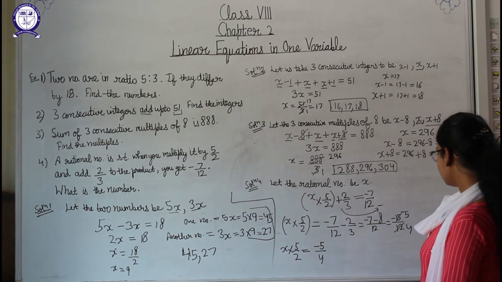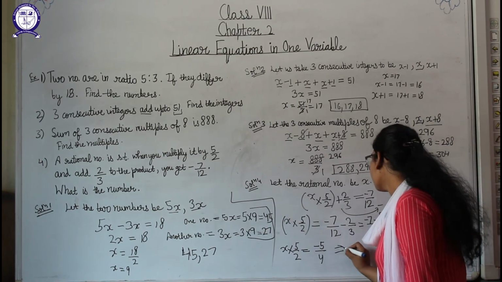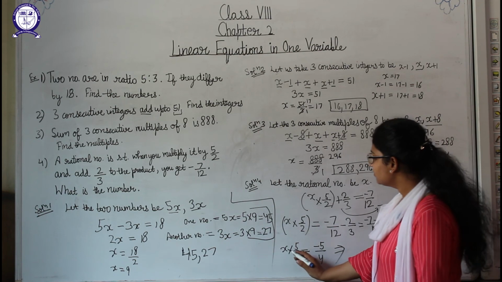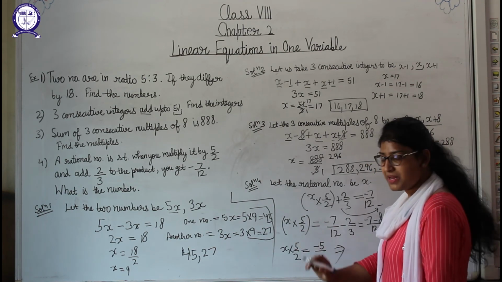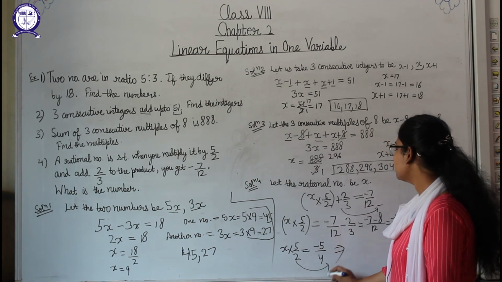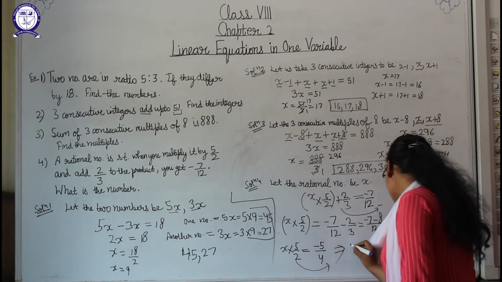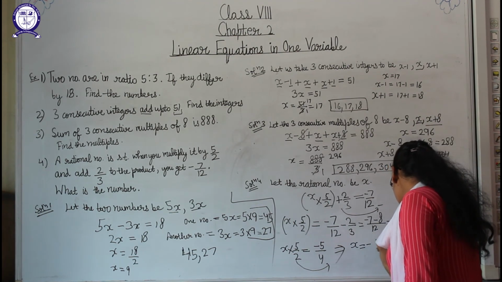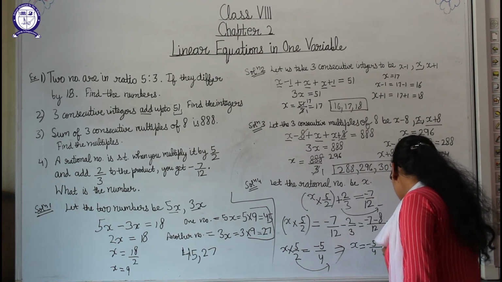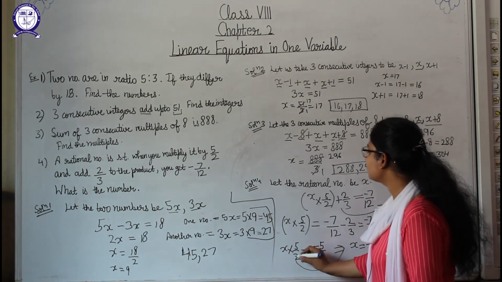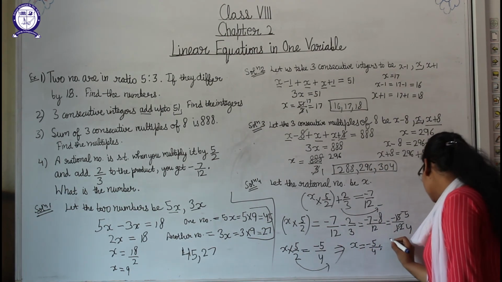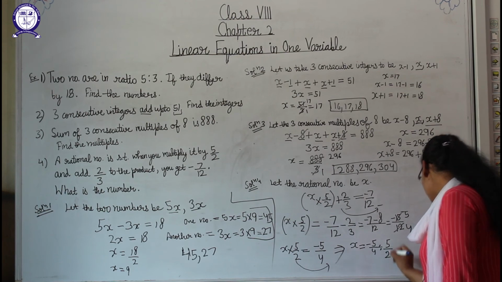Okay. Now what will we do? Here 5 by 2 is in multiplication, so on that side it will be in division. So x is equal to minus 5 by 4 divided by 5 by 2.